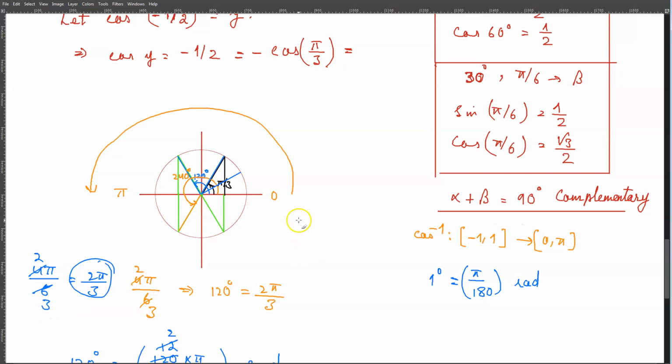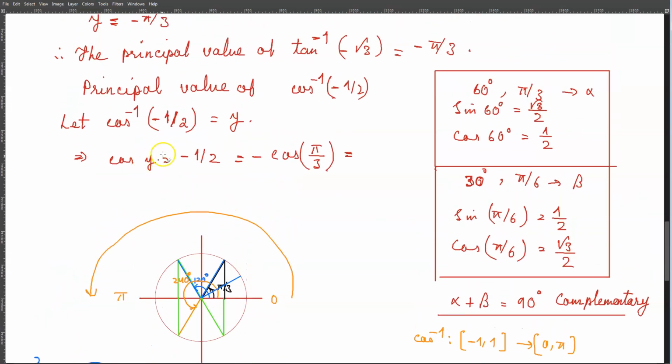Okay, so what this whole thing means is that basically we said that cos of y is equal to negative 1 by 2, which is equal to negative cos of pi by 3.